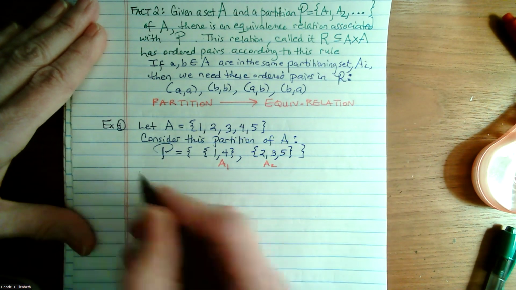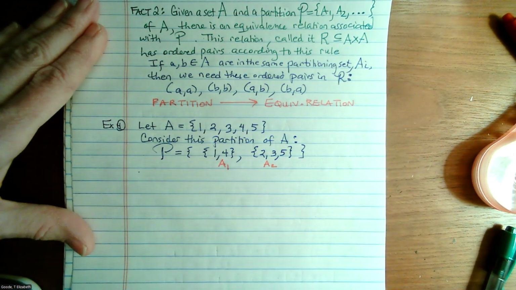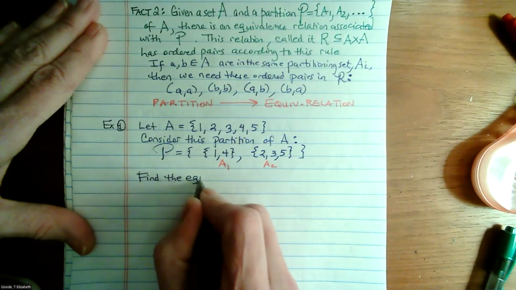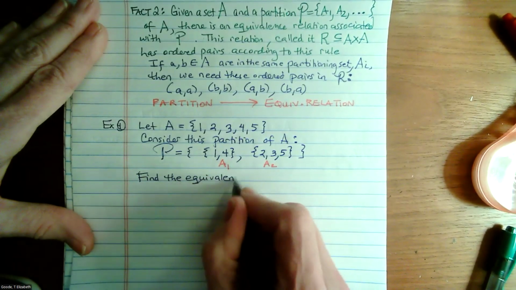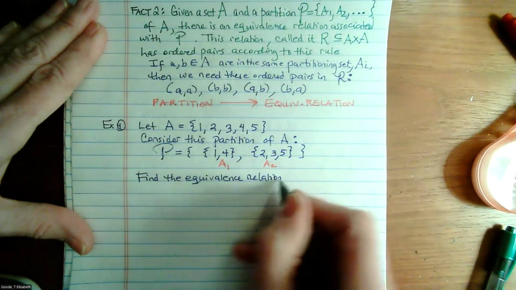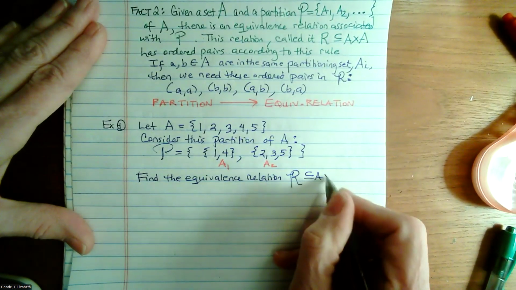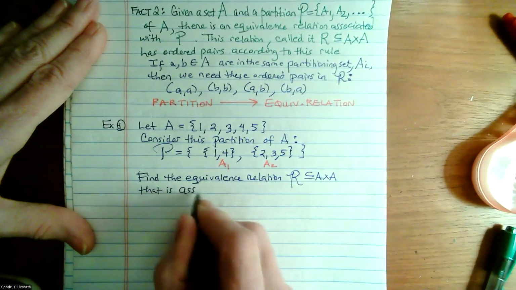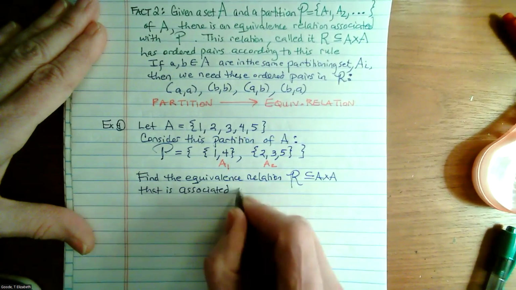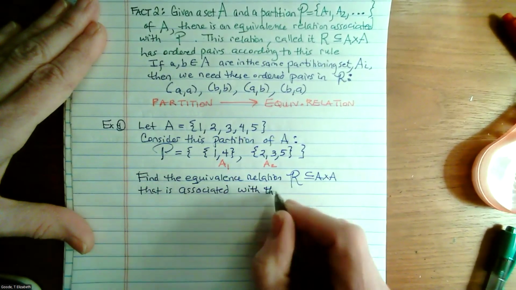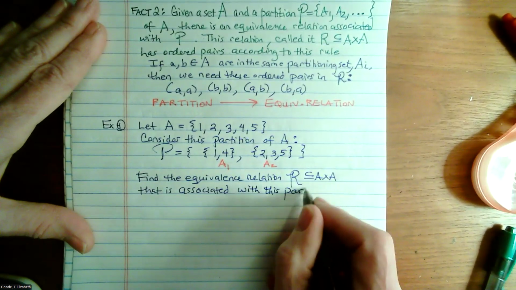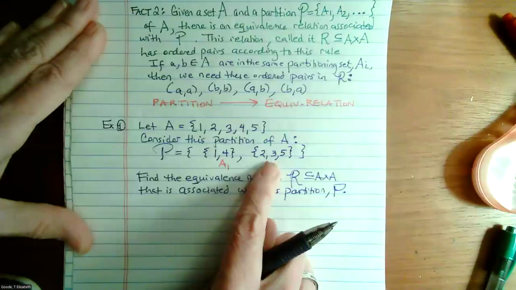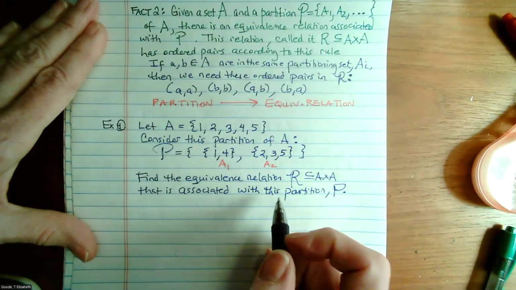What we'd like to do here now, though, because it is a partition, is find the equivalence relation curly R, it's going to be a subset of A cross A, that is associated with this partition P. So that's our job, is to look at these subsets and understand this.